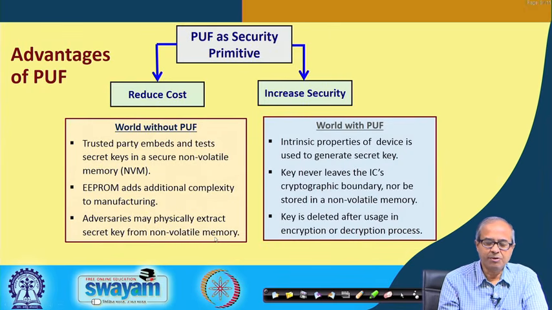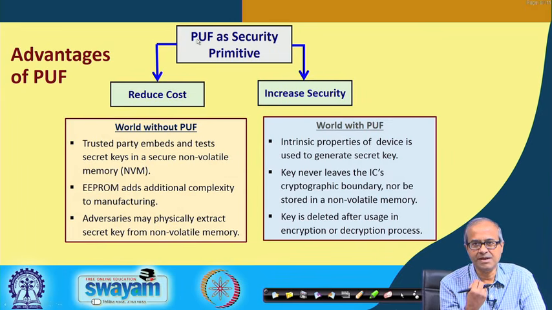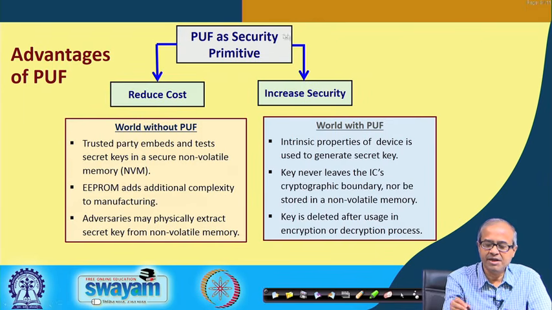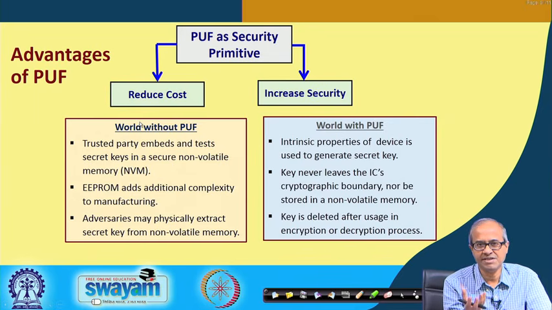Talking about the advantages of PUF, if you use PUF as a basic building block to design secure hardware, there are broadly two things. It reduces the cost of secure implementation, and it also increases the security.